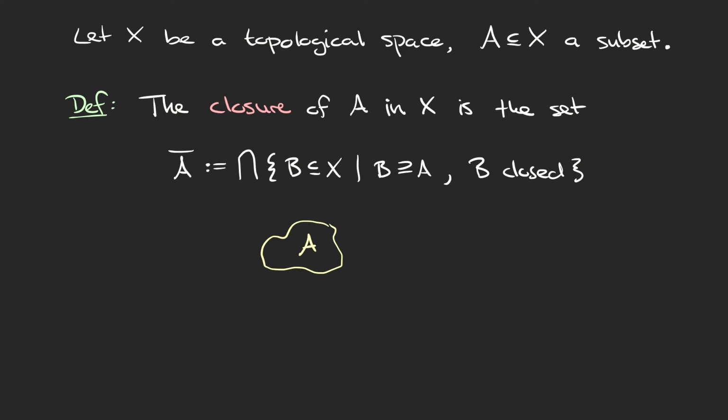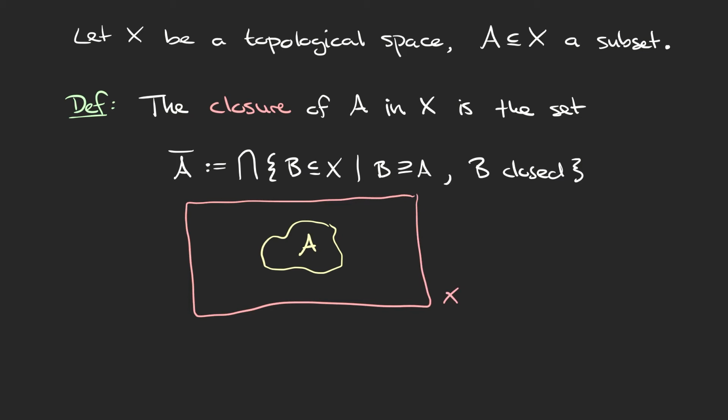And now what we do is we look at all the closed sets in our space X that contain our set A. We know, for example, that the entire space X is closed, and obviously it contains A, so that's one of the sets.